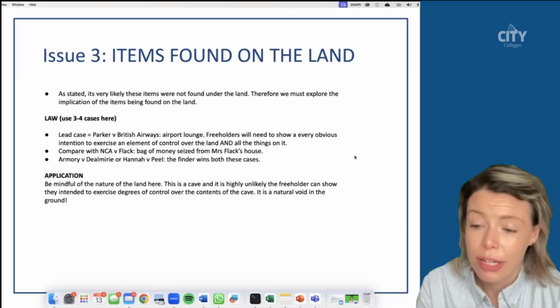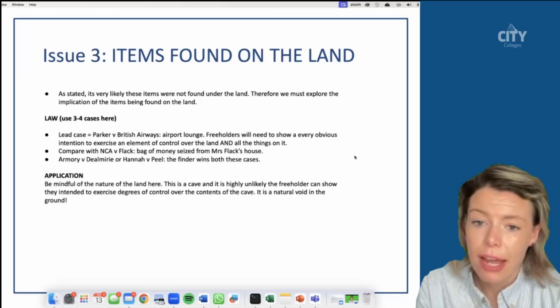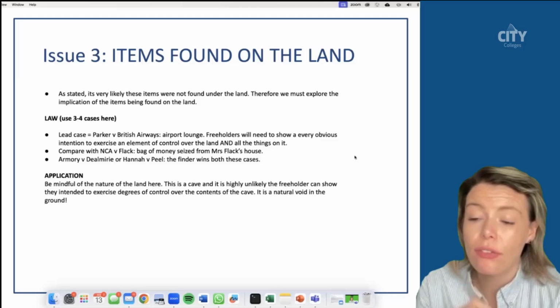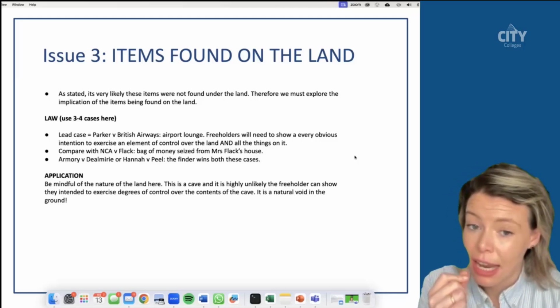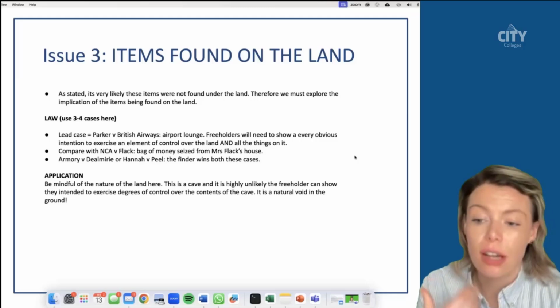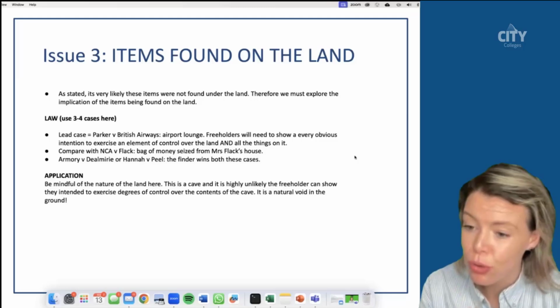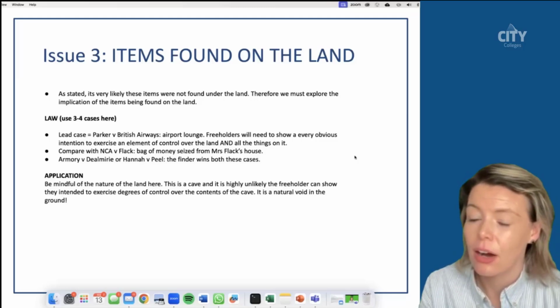If the freeholder, in this case British Airways, had been found to have had an intention, and the court says, an obvious intention at that, to exercise an element of control over the land and all things on it, then there might be a stronger argument there that you are the true owner of all items on the land. Now, British Airways failed in that argument in that case.